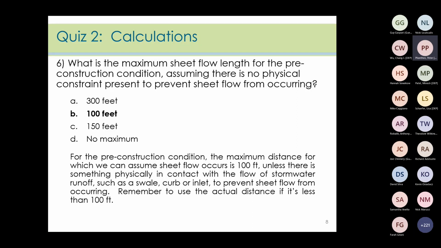Remember to use the actual distance if it's less than 100 feet. So this comes from Chapter 5 of the BMP manual if you haven't taken a look at that yet. And just remember, again, to use the actual distance if it'll be less than 100 feet.